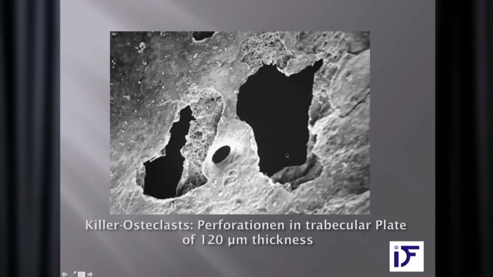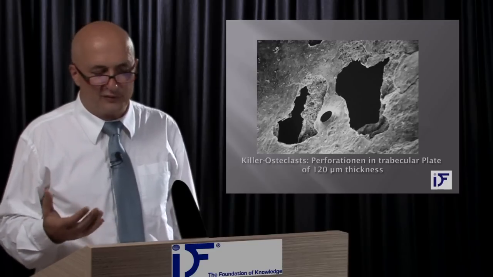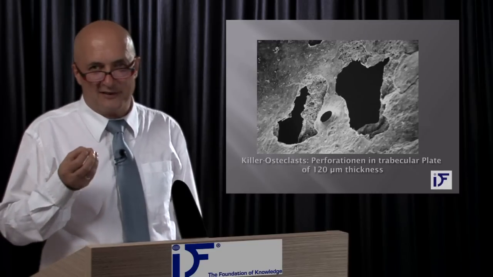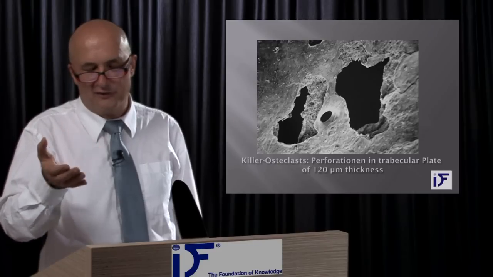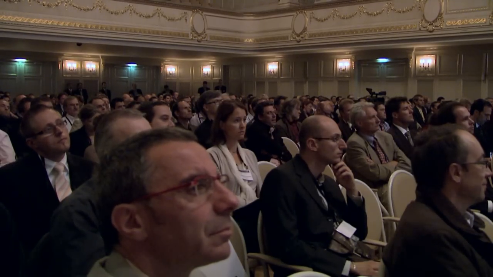Sometimes I get the question, aren't there any single osteoclasts, or aren't there any single osteoblasts? Because the idea of two-stage implantology, the idea of all these surfaces is that the implant surface has to be bone friendly. So you see all these advertisings.